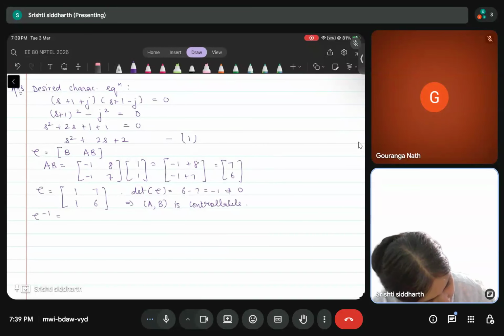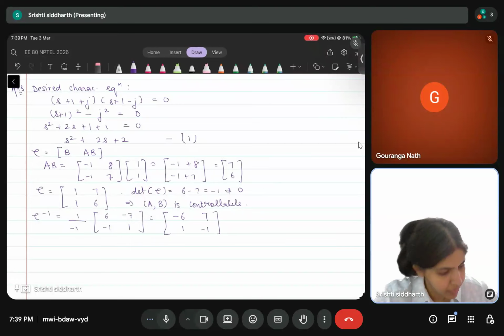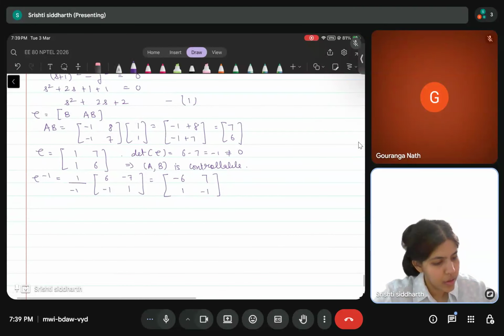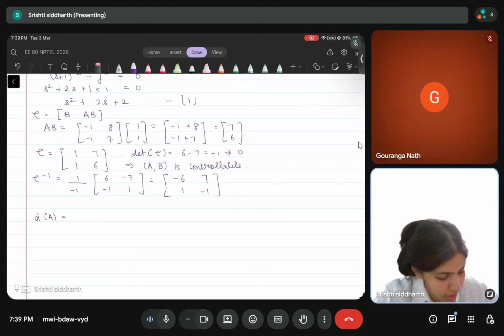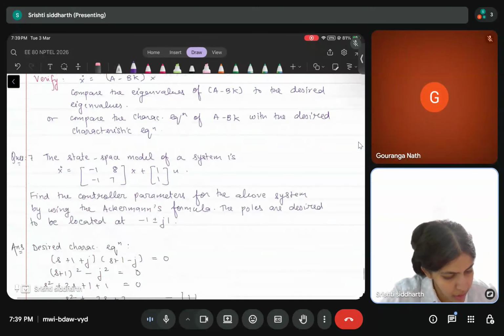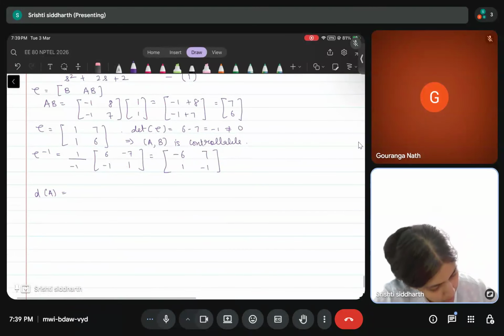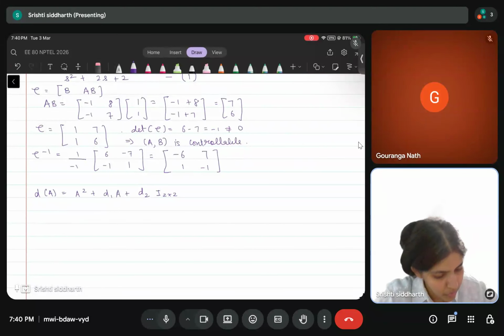C inverse is 1 upon minus 1 times the adjugate. Now we need to find out the polynomial D(A). For a second order system, this is A squared plus d1 A plus d2 times the 2 by 2 identity. So let's compute A squared.